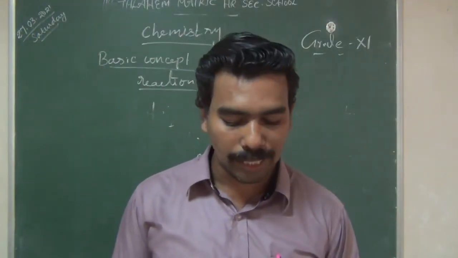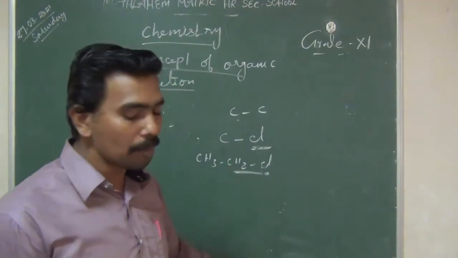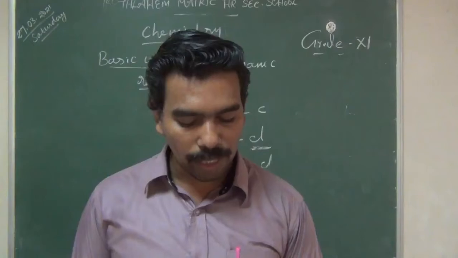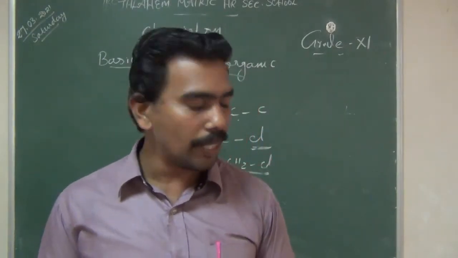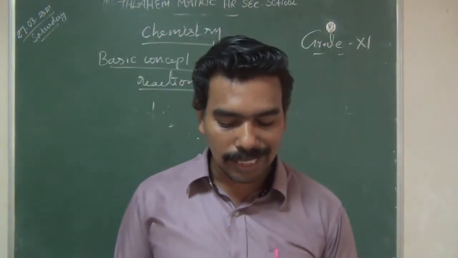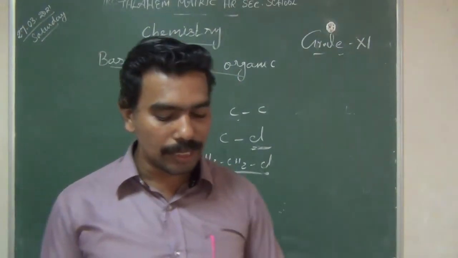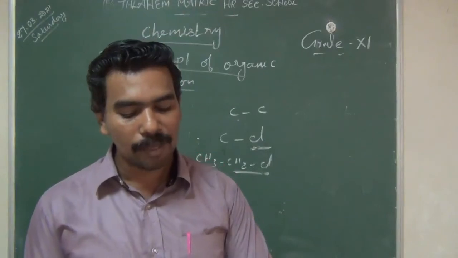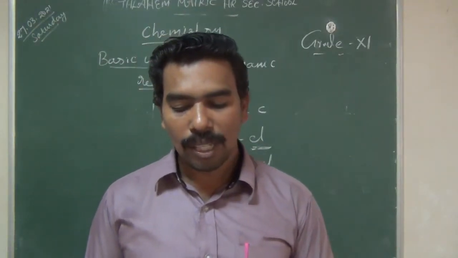When this carbon is compared to the chlorine, this carbon is the highly electropositive atom. When it is combined with this carbon atom, it becomes stable. This is carbon C1 and C2. Carbon C1 draws the shared pair of electrons between itself and C2. This polarization effect is called the inductive effect.